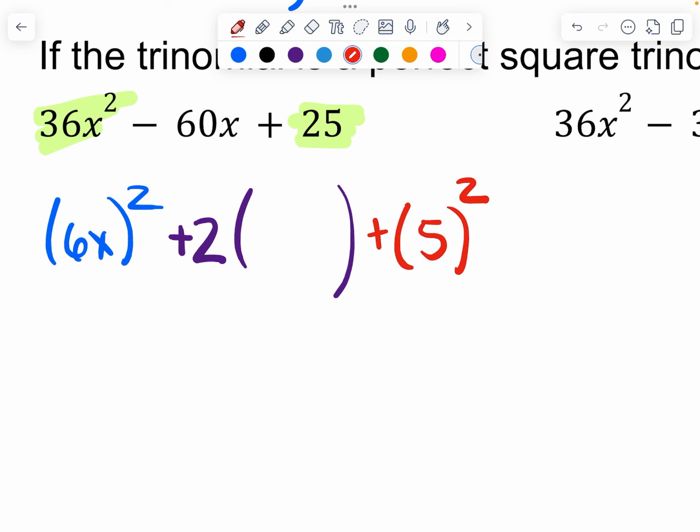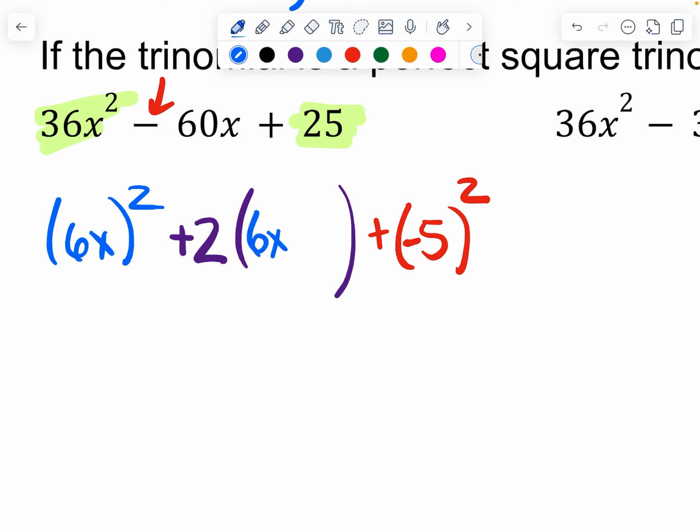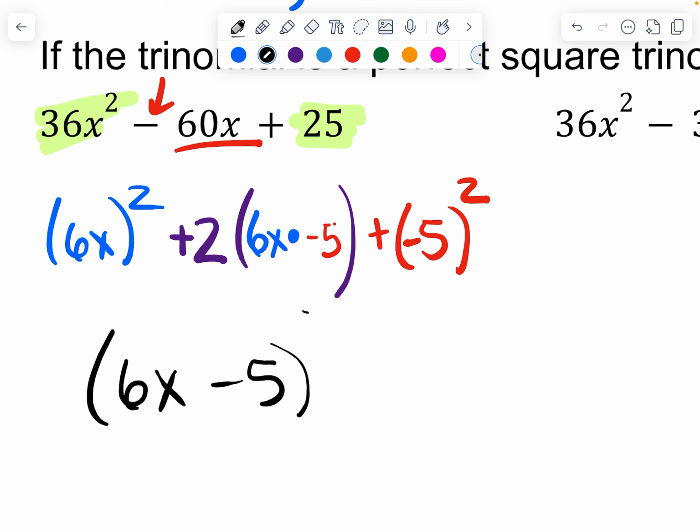Now, because this is negative right here, that means this should be negative. So if I was to take 6x and multiply that by negative 5, would I get this in the middle? Yes, I would. So that means when I factor this, it would be 6x minus 5 all squared.